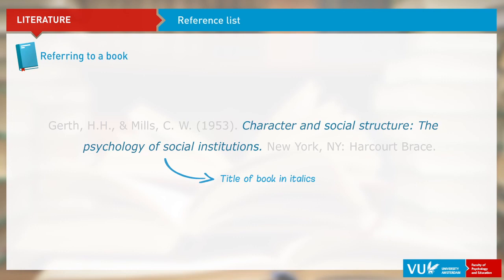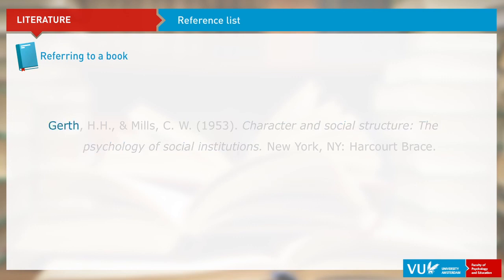When you refer to a book, you have to mention the following. Last name of the author followed by a comma and initials with a dot. Date of publication in parentheses followed by a dot. The title of the book in italics, followed by a colon. When this is outside the US, you write down the city and country, and the name of the publisher followed by a dot.